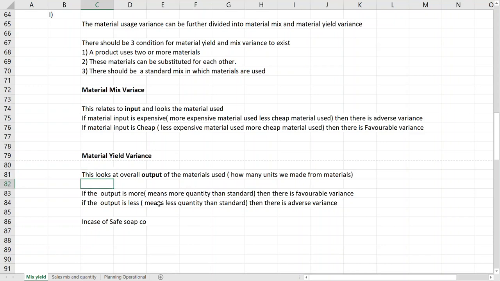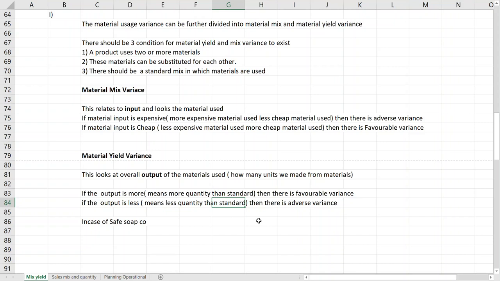If output is more, means more quantity than standard, then there is a favorable variance. If we produce more units, that means the output was more, it means that it's favorable. Okay? If output is less, means less quantity than standard, then there's adverse variance.